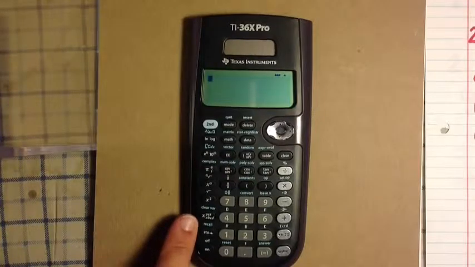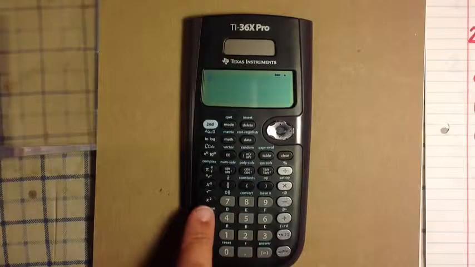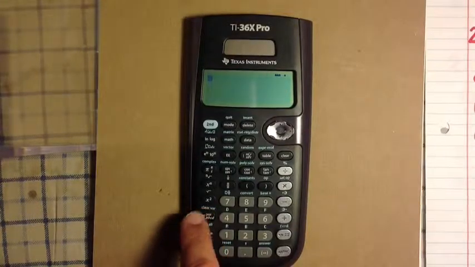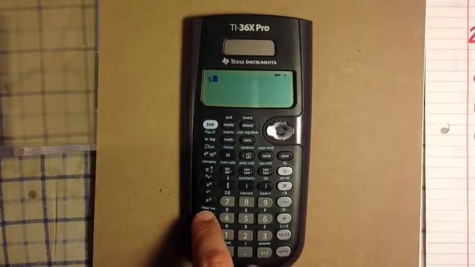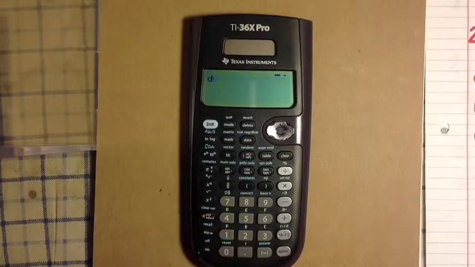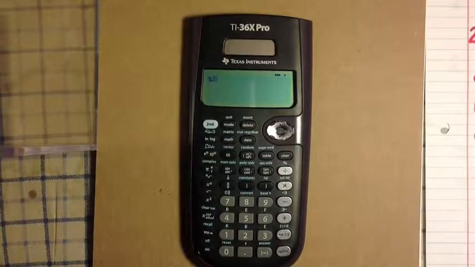And see this variable key, which is above the store key here? Pressing this variable key cycles through the 8 available registers: X, Y, Z, T, A, B, C, D. Okay, so I'm going to clear that, and if I press the variable key once, I get X, and I hit enter, I get that root.